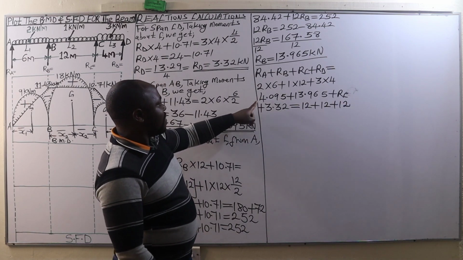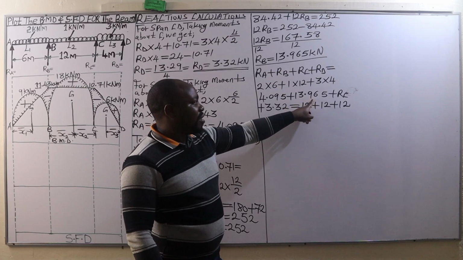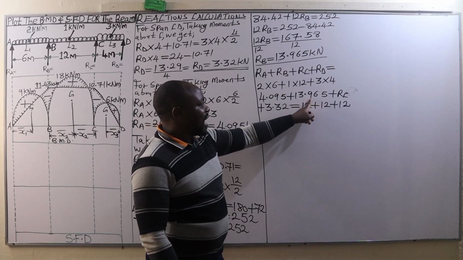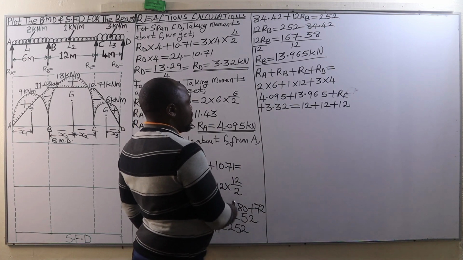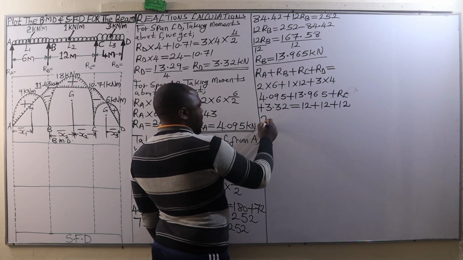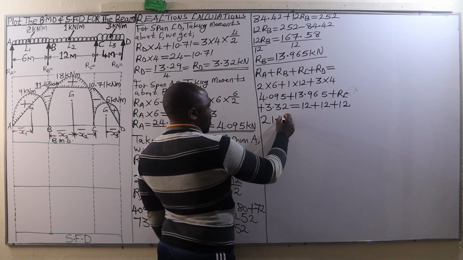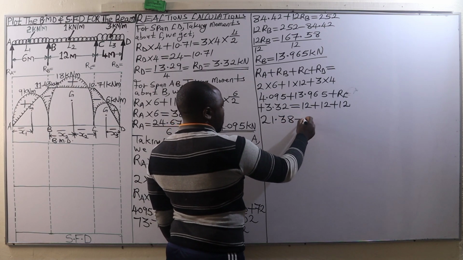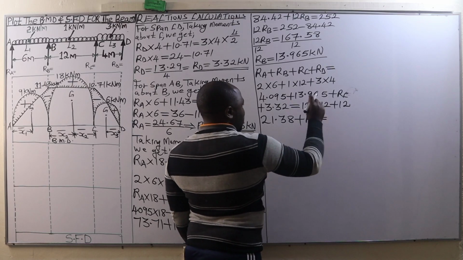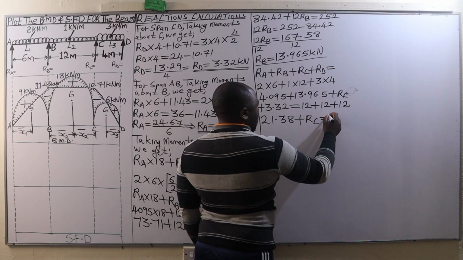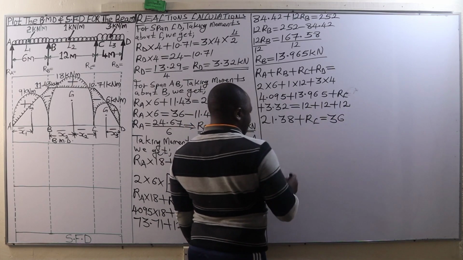So when we add 4.095 plus 13.965 plus 3.32, that gives us 21.38. So 21.38 plus RC is equal to 12 plus 12 plus 12, that is 36.